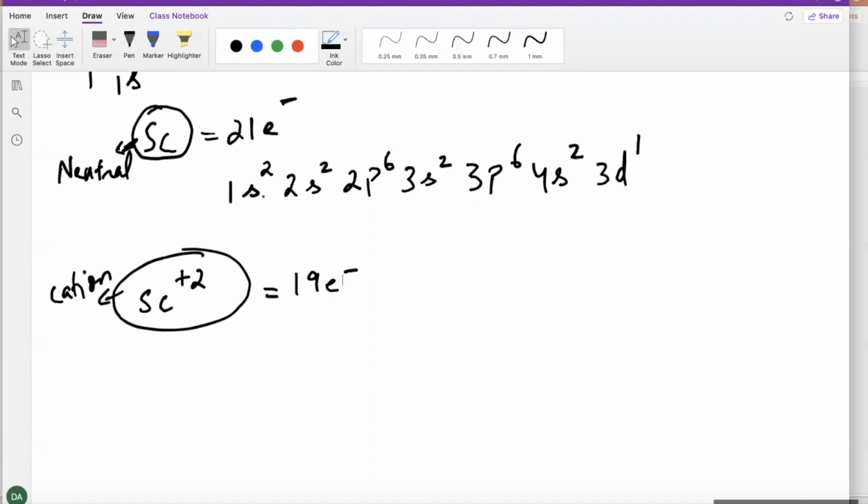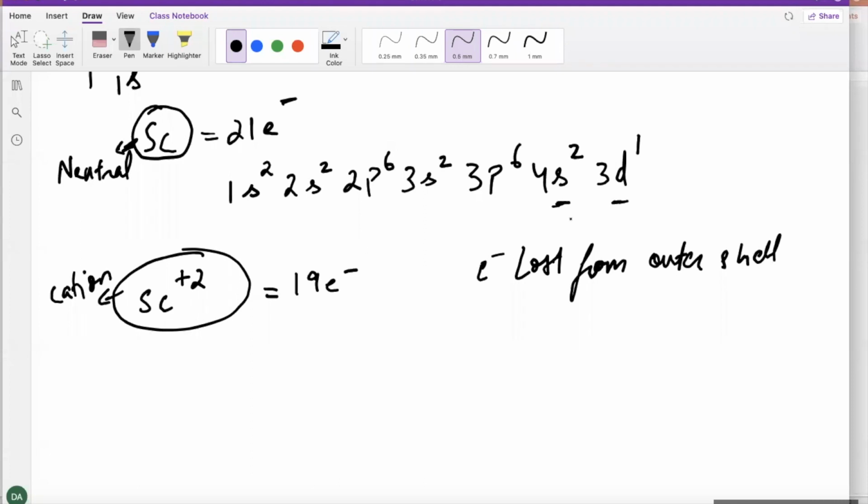And you need to remember, guys, that the electrons are lost from the outer shell or outer floor first. Okay, so if I ask you which one is the outermost floor here, what are you going to say? Is this the outermost, or is this the outermost?